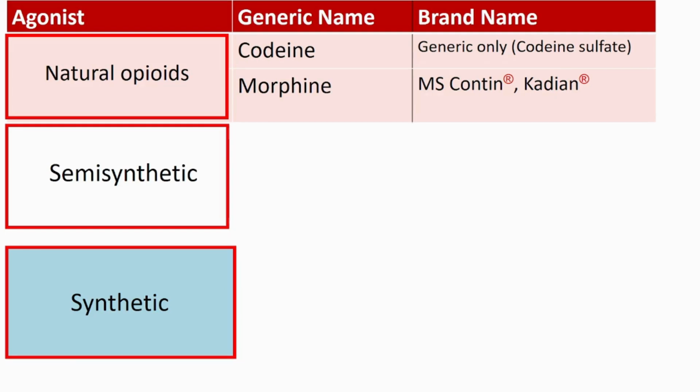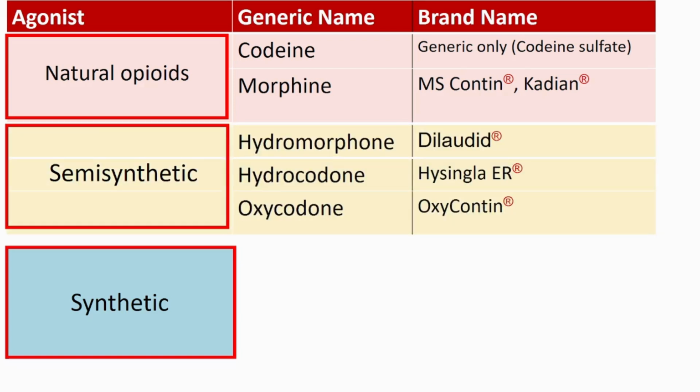The morphine brand MS Contin is the most popular one, and there are other brands for morphine available, and morphine sulfate. The semisynthetic ones are modified from the natural opioid, a partial modification, which is called semisynthetic. Those are hydromorphone, the brand is Dilaudid, hydrocodone, and oxycodone, the brand is OxyContin.